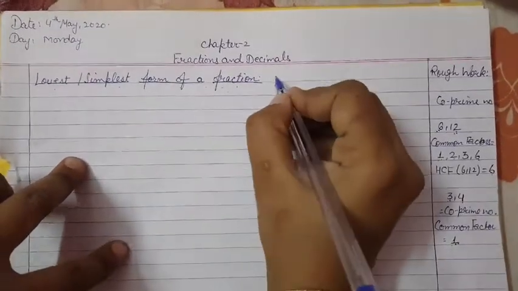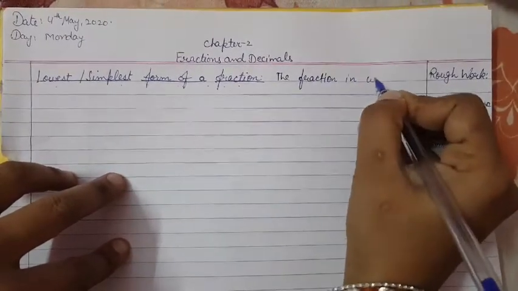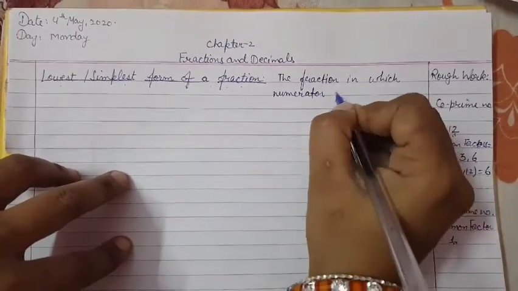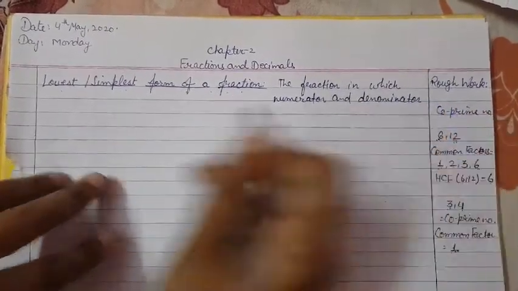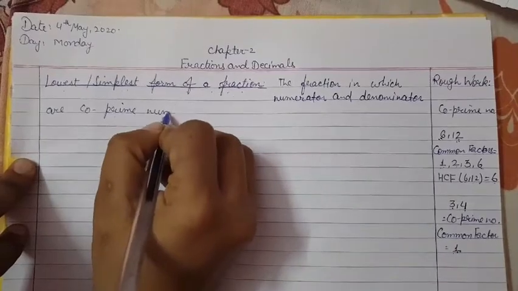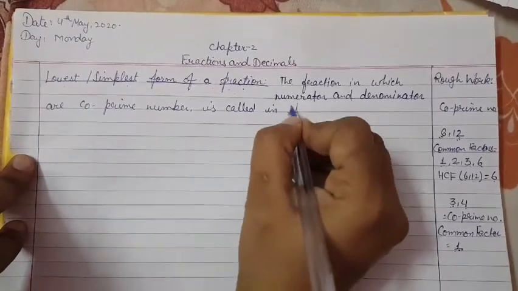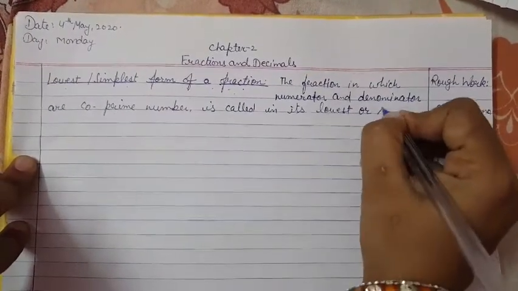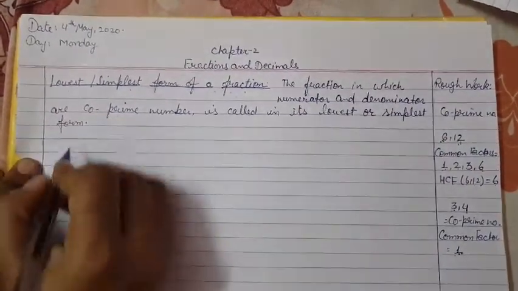The fraction in which numerator and denominator are co-prime numbers is called in its lowest or simplest form.